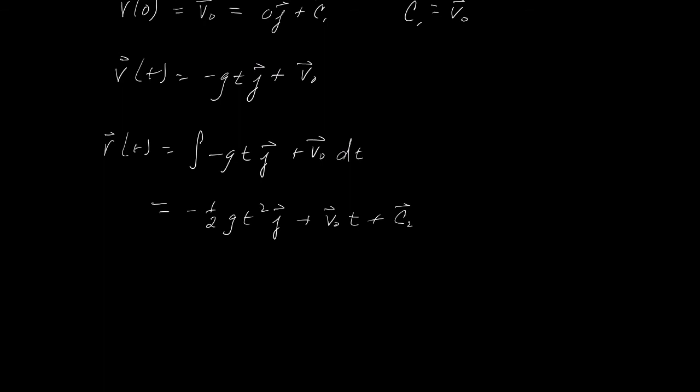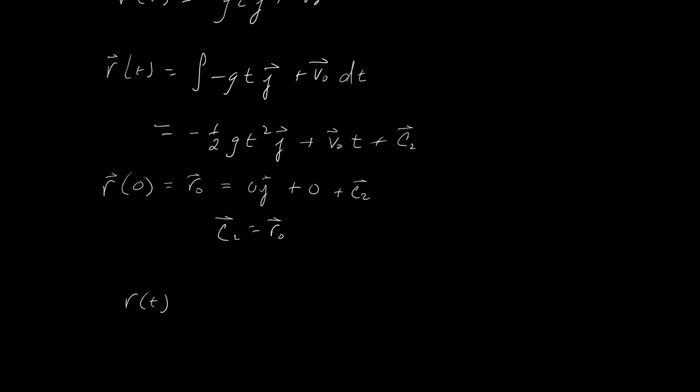And here's what we know. We know that initial position is equal to r0. So if we plug a 0 in for all of the t's in r of t, we get 0 in the j direction plus 0 plus c2. So we find that c2 is equal to r0. So then r of t is equal to negative 1/2 gt squared in the j direction plus v0 t plus r0.